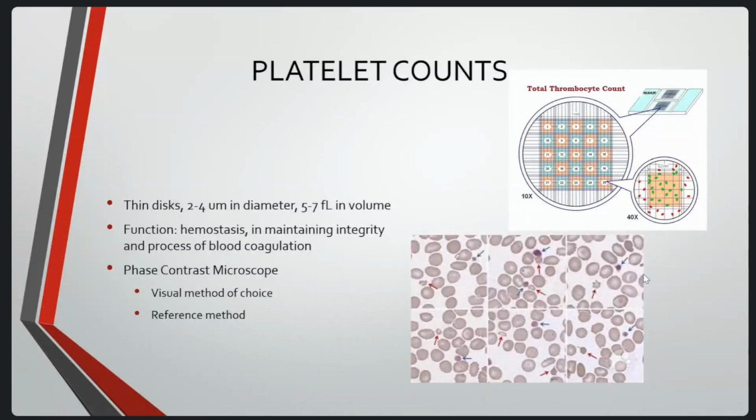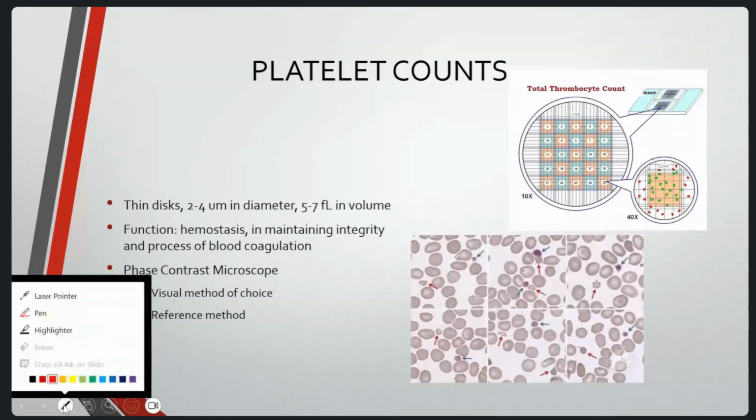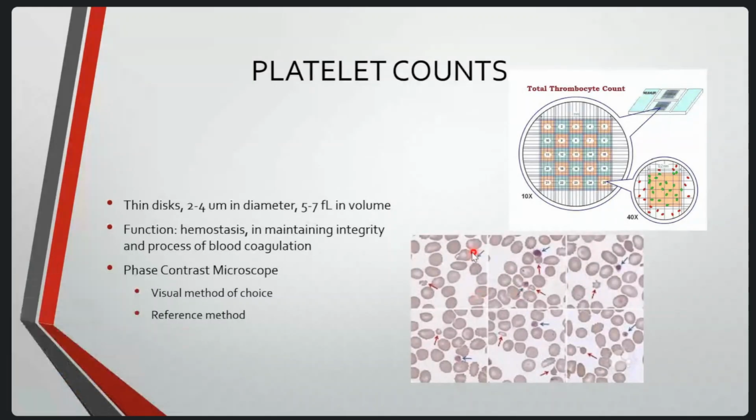This is what they look like under the microscope: a bluish to violet color, and their sizes vary from 2 to 4 microns. Sometimes we can see giant or large platelets.